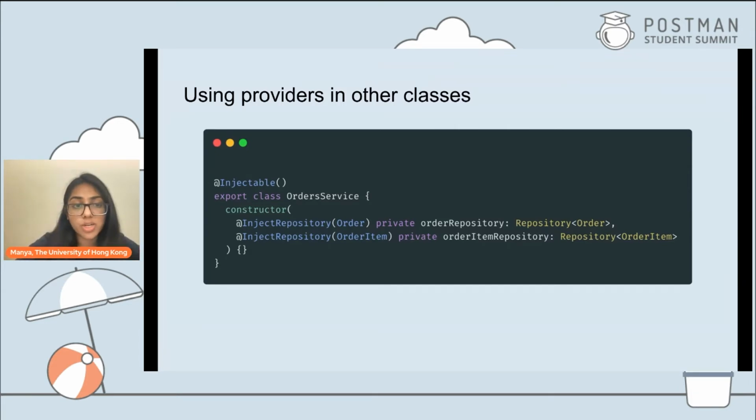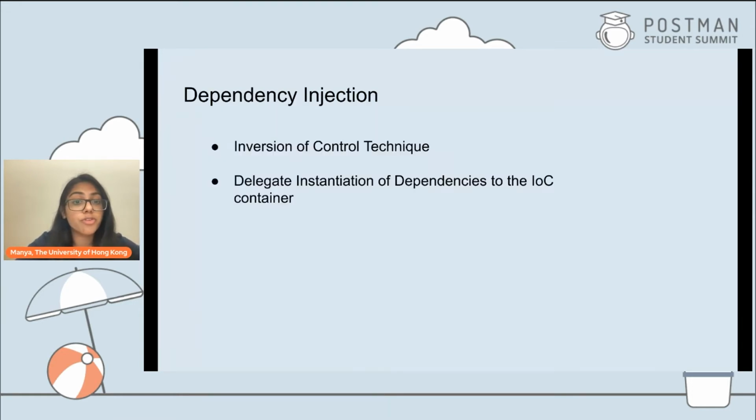So how does it work in Nest.js, right? Dependency injection works through the inversion of control technique in Nest.js. So what it means is that it delegates the instantiation of dependencies to the IoC container, which in this particular case is the Nest.js runtime.